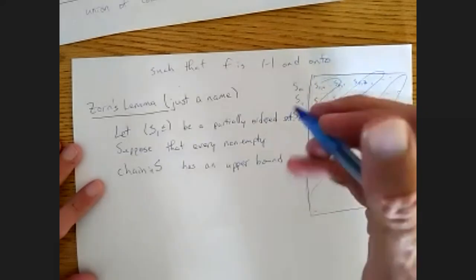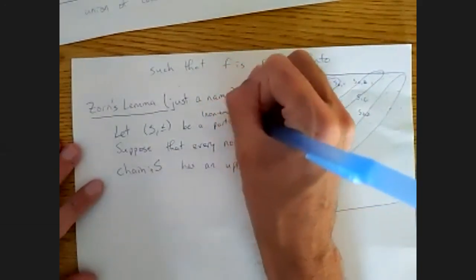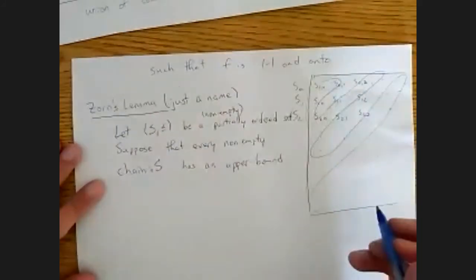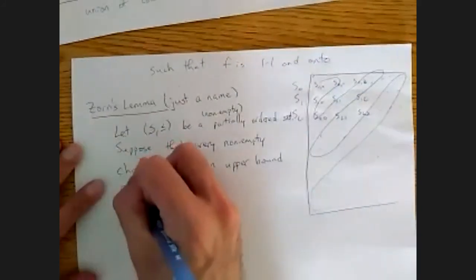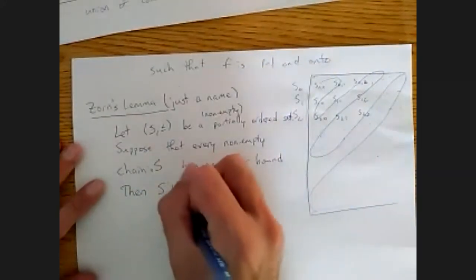I guess I need to say that S is non-empty. So let me put that assumption in too. Then if every non-empty chain has an upper bound, then S has a maximal element.